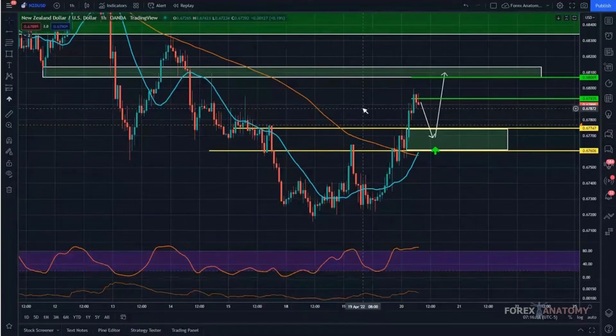Yeah. So we'll see what happens, but this is a particular setup that we'll be keeping our eye on, and hopefully it works out. If not, then all is good. All right, so if we don't have any questions about Kiwi USD, we can move on. I'm assuming we don't have any questions.